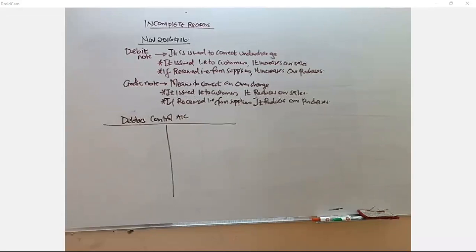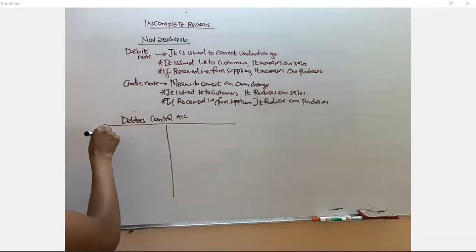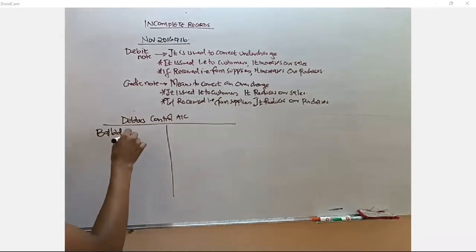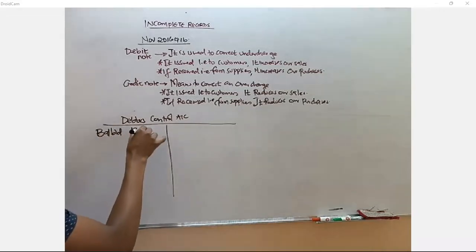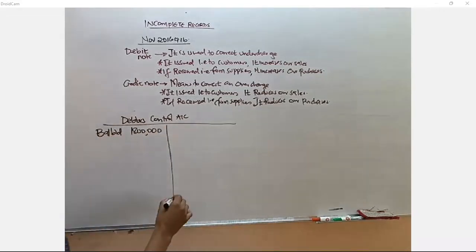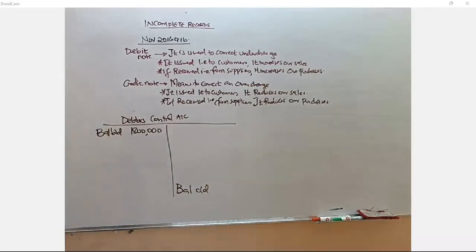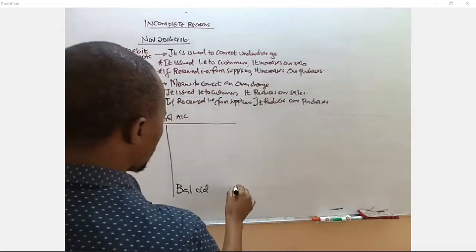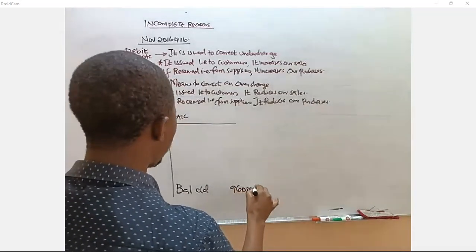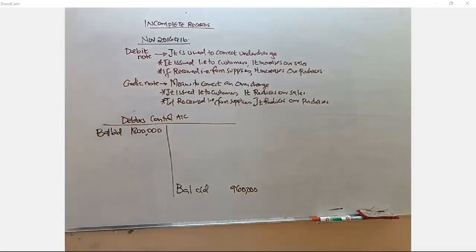At the beginning of the year we had 1.8 million, so balance brought down 1.8 million. The balance carried down we have been given is 960,000. Those are the two things given in the question.